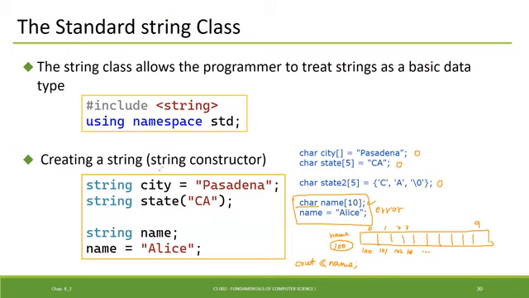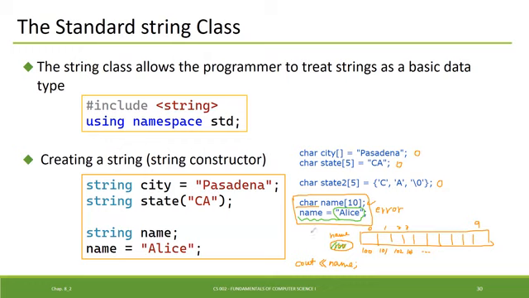Okay, then computer, guys, look at this one. Then when I do this, the computer will try to save Alice. The computer will try to store Alice here. Do you understand? It is not possible.